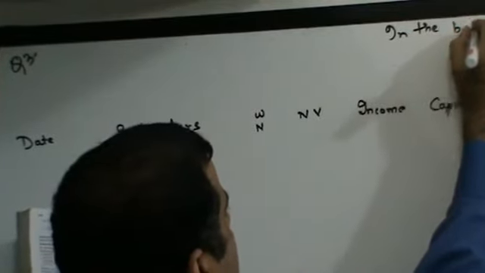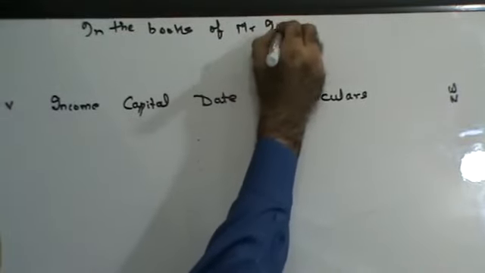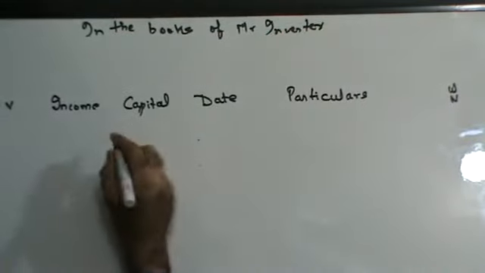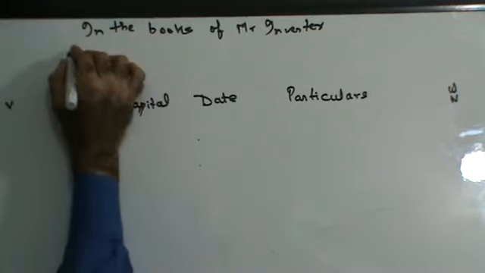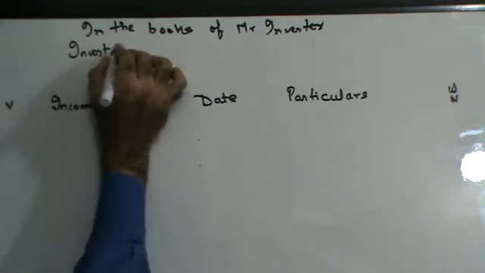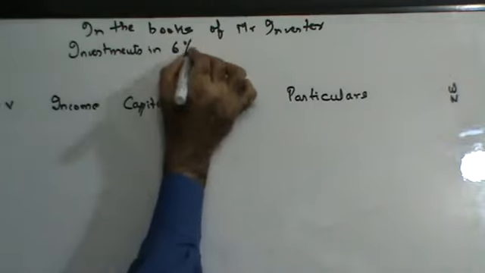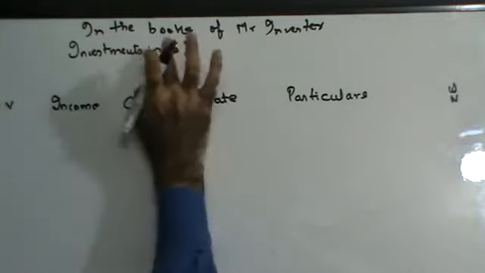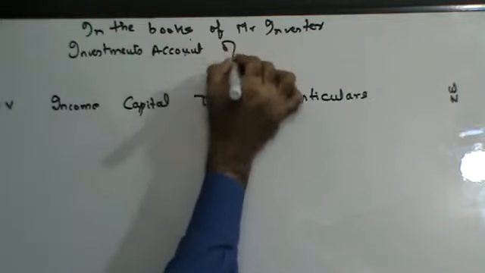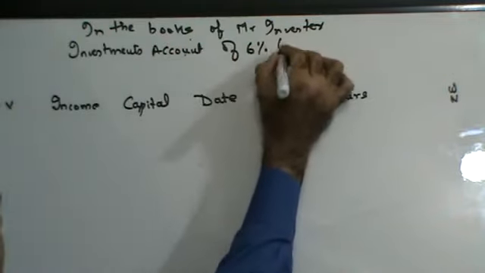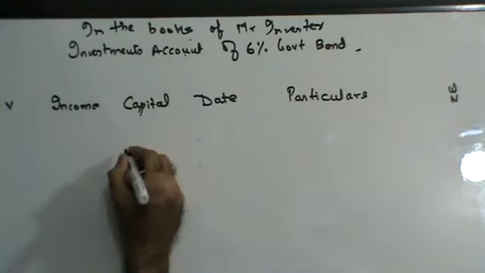You are doing investment in 6% government bonds, the investment account of 6% government bonds, for the year ending 31st December.